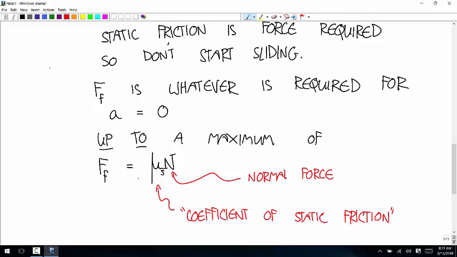For example, if you had something that had two jagged edges, and they can sort of lock in place, and then you think, oh, well, that's way more friction than the equation says, but it's not really the surfaces.